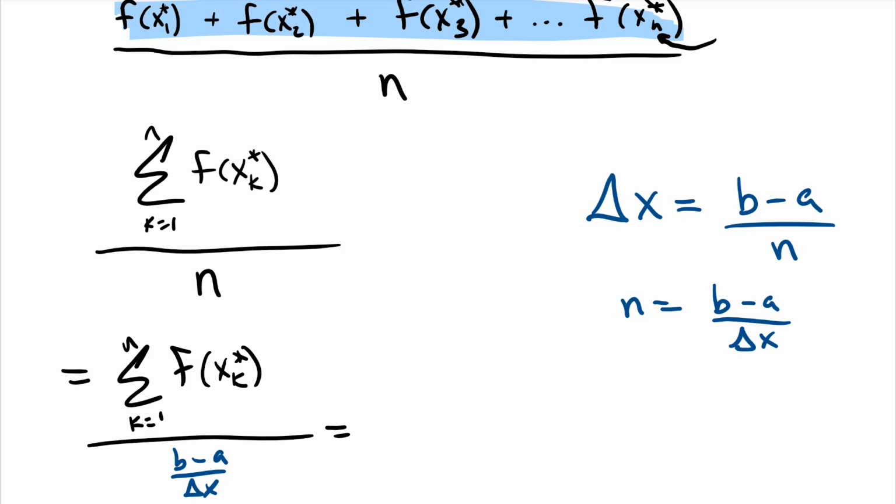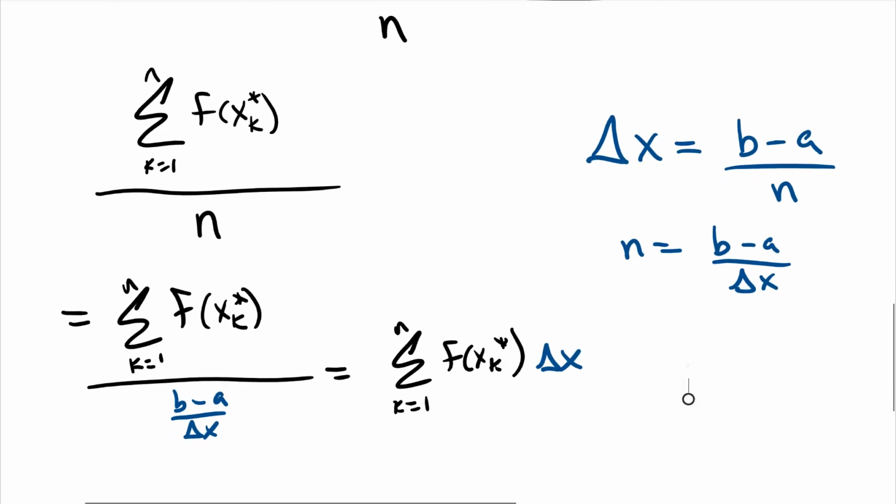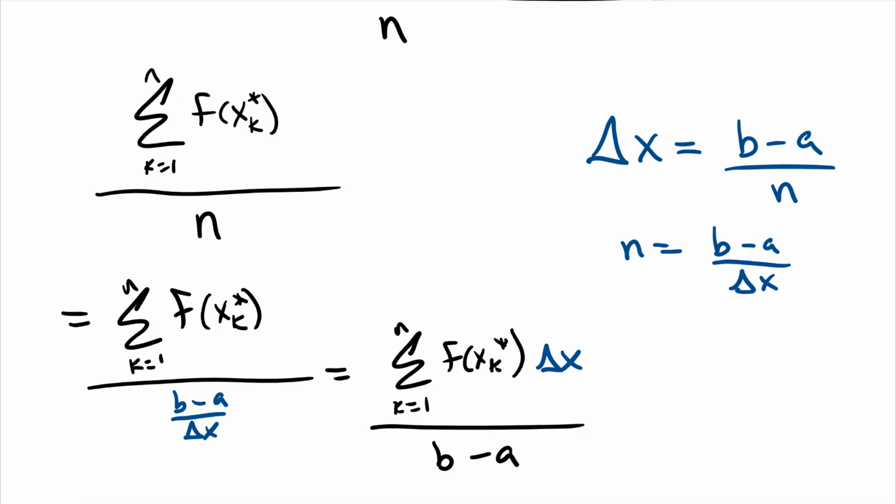So we end up with the sum from k equals 1 up to n of f of x sub k star, and that delta x pops up to the top, and we divide by b minus a. The way we could write this is 1 over b minus a times the sum from k equals 1 up to n of f of x sub k star delta x.